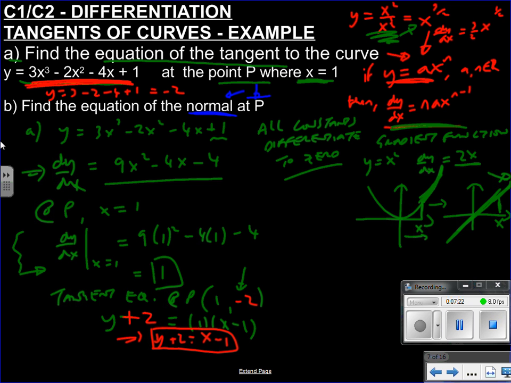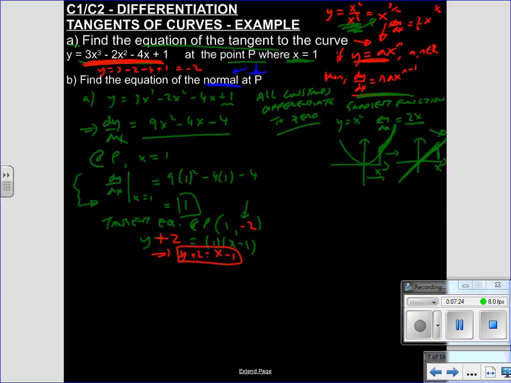We know that the gradient of something which is perpendicular, so for part B, the perpendicular gradient is minus 1 over our tangent gradient. So therefore, m2 is minus 1 over our gradient, which we found was 1 at P. So therefore, m2 is minus 1.